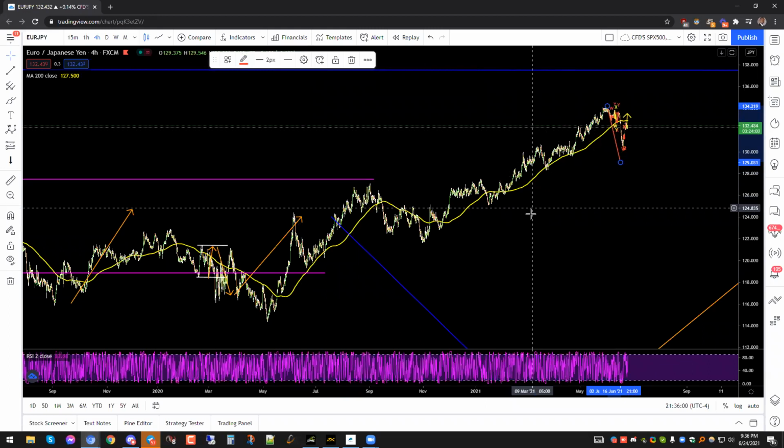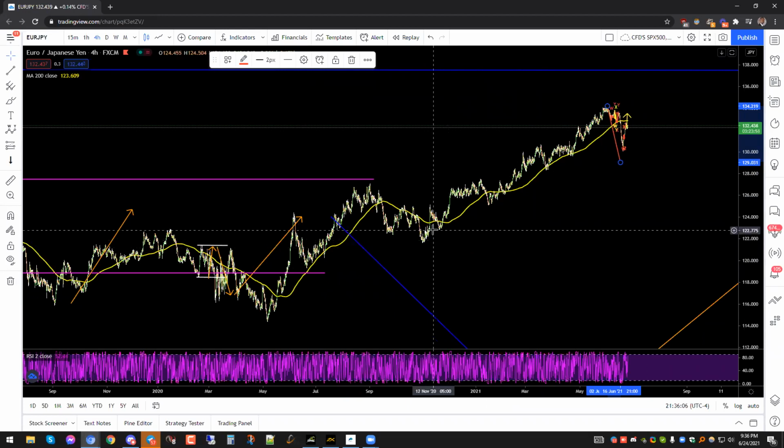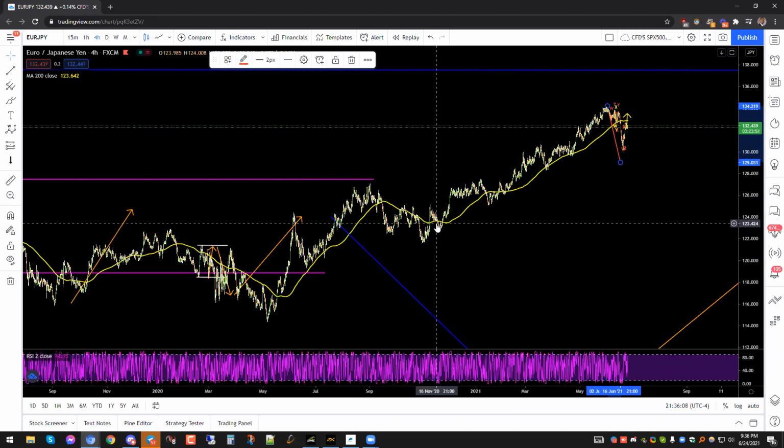And we need to understand that in a lot of cases, in wave three, we don't always get a measured move. So sometimes wave three could be short, because remember, wave three could be a truncated wave.